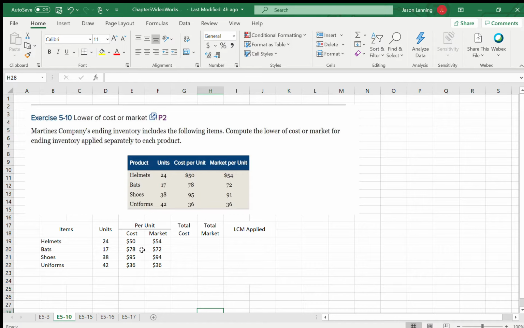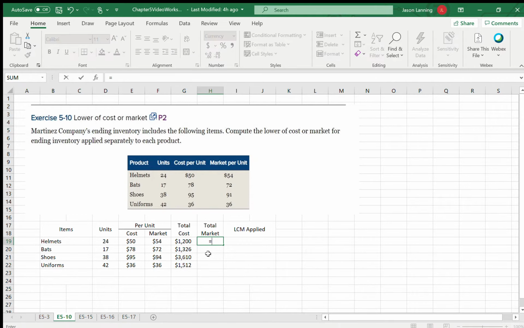Now, I've already done a little table here and put the information in with the helmets, bats, shoes, and uniforms. When we're looking at this, we want to ask, what's the total cost for these units, and what's the total market value of these units? For total cost, we take the number of units and multiply that by the cost, for helmets, bats, shoes, and uniforms.